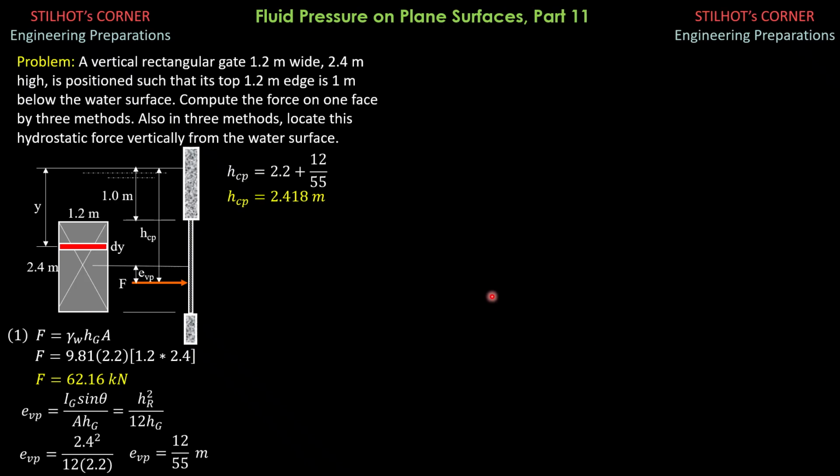Let the calculator evaluate the integral, although it's simple. So F is 62.156 kilonewtons, but the final answer is 62.16 to 4 significant figures.